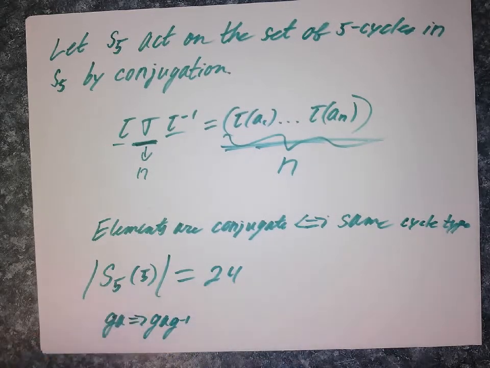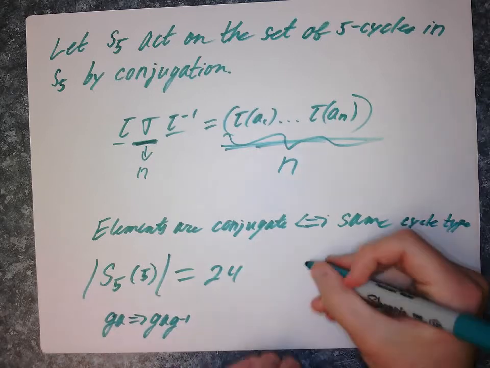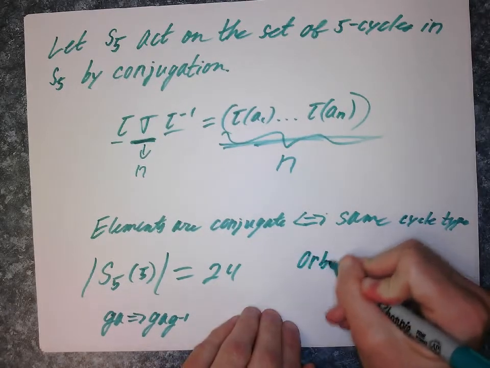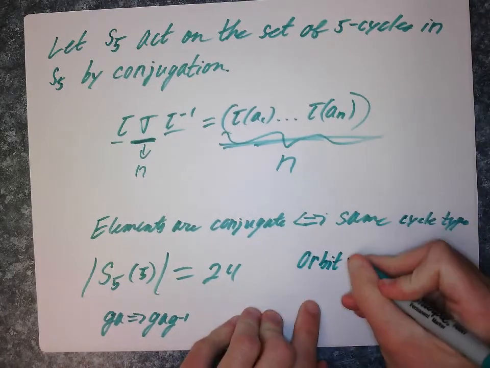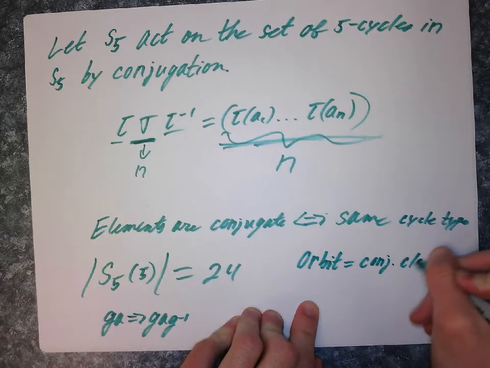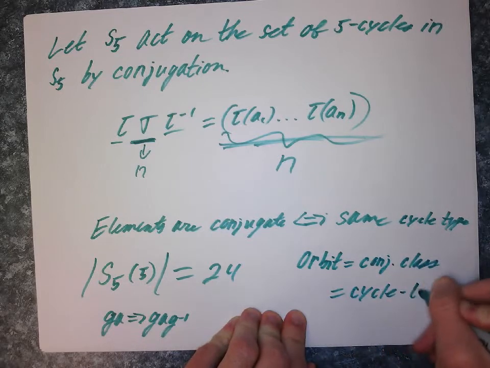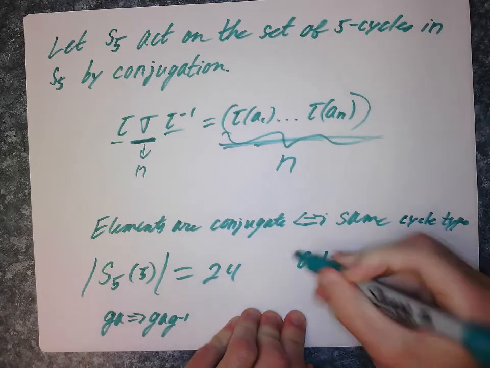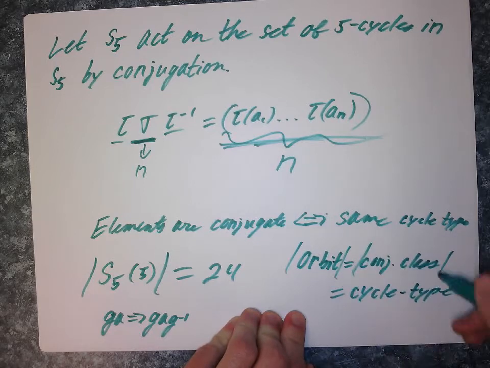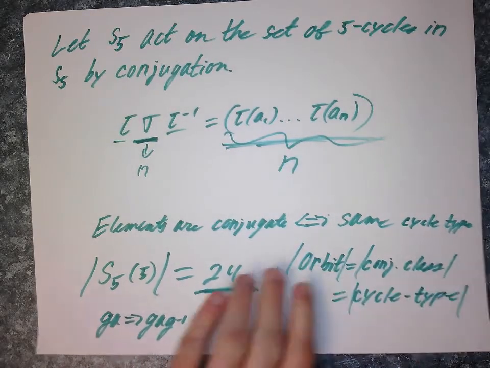And so the orbit in this case is the conjugacy class, which is the cycle type. That means that if you take the order of all of them, they're equal. And so that's where this 24 comes from.